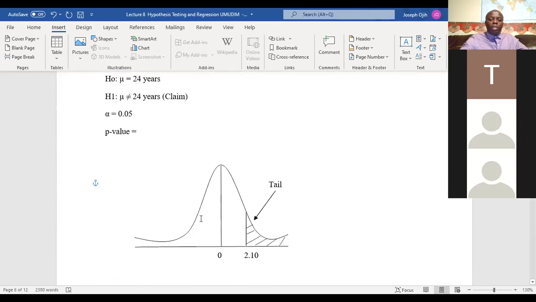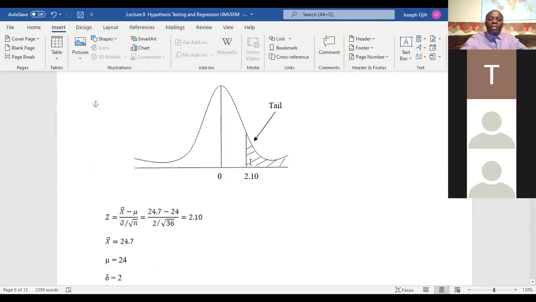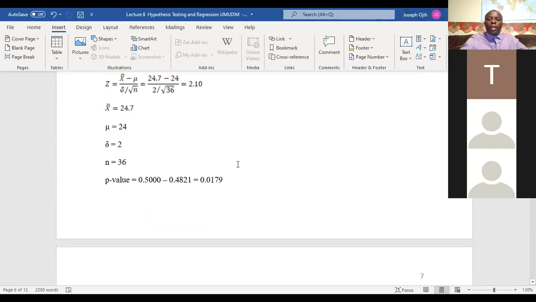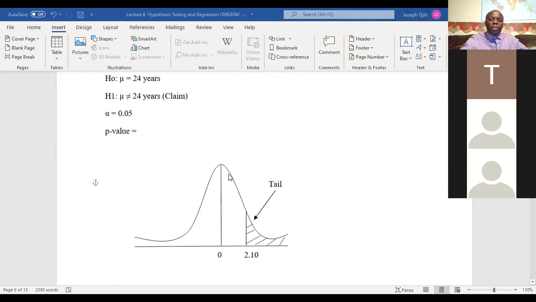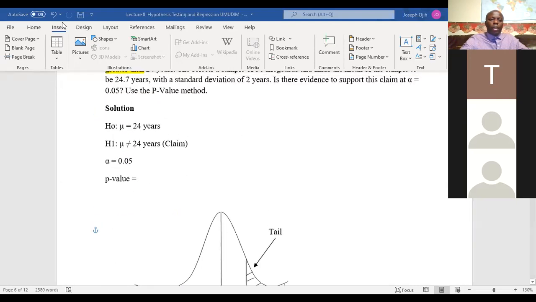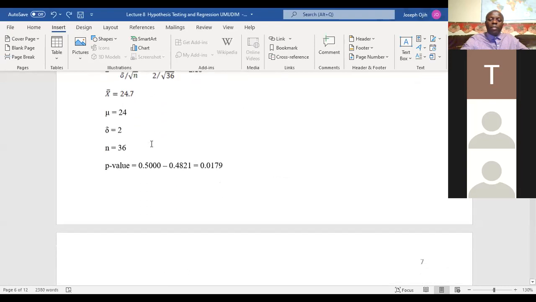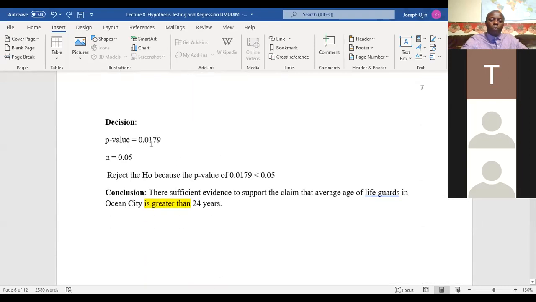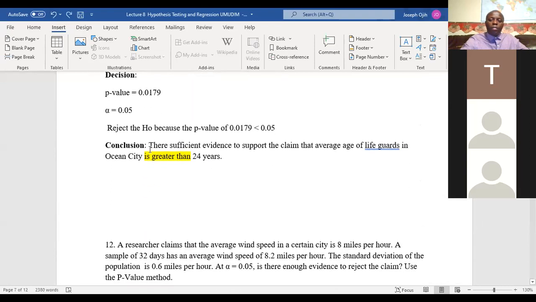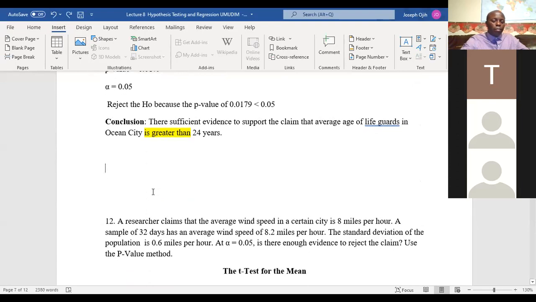In that case, you're going to shade both of them, and your p-value will be multiplied by 2 to get the actual p-value. But this one is not a two-tailed test. It's a right-tailed test. So you just use the p-value you get from the table, without any change. Okay? Question?